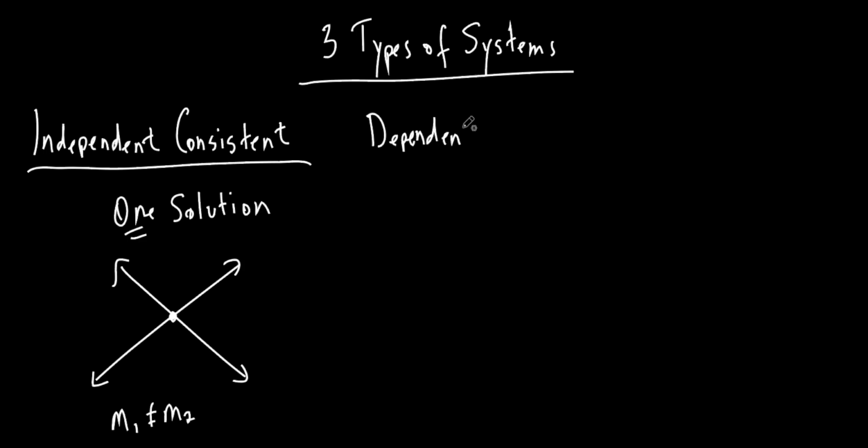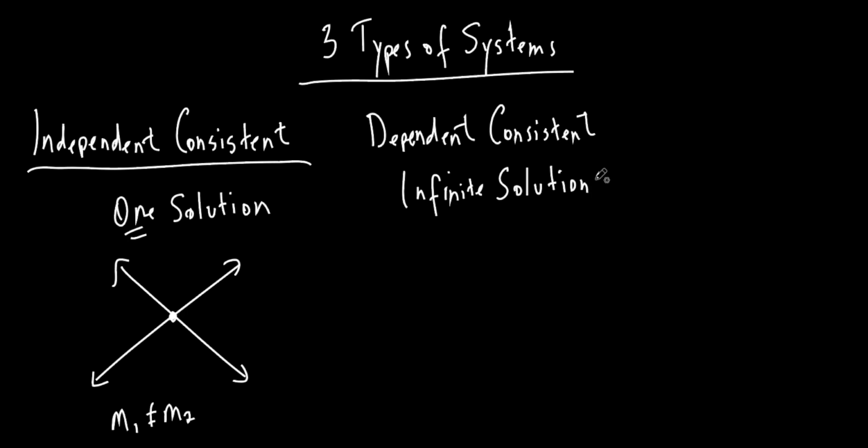Then we have dependent consistent. This is when you have an infinite number of solutions. Now, what in the world would that look like? Well, it would look like this.